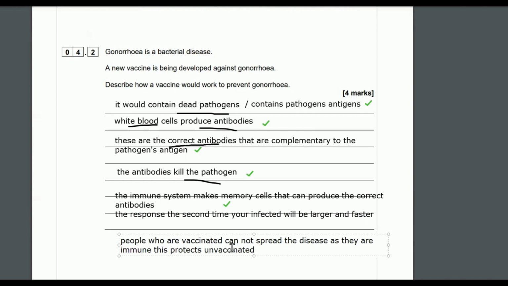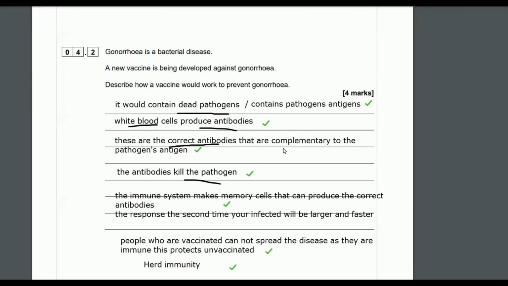People who are vaccinated. So if 15 people in your class are vaccinated and 5 other people aren't vaccinated, because those 15 people can't catch it, it's less likely for the 5 people who haven't had the vaccine to catch it. So they're being protected by the vaccinated. And we call this herd immunity. And just mentioning herd immunity will most likely get you the mark. So that's the vaccinated people protecting the unvaccinated.